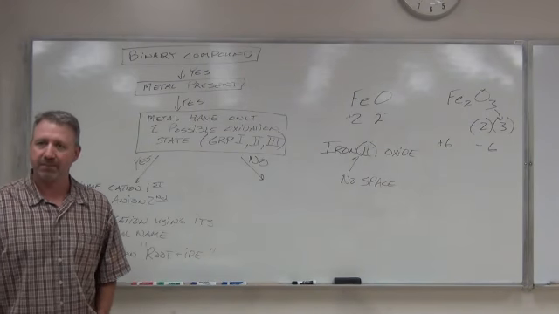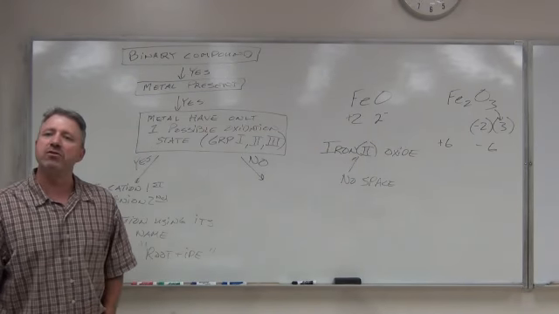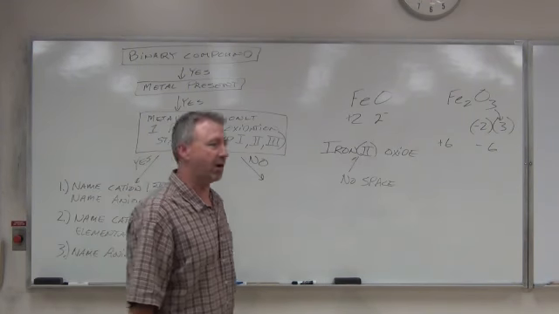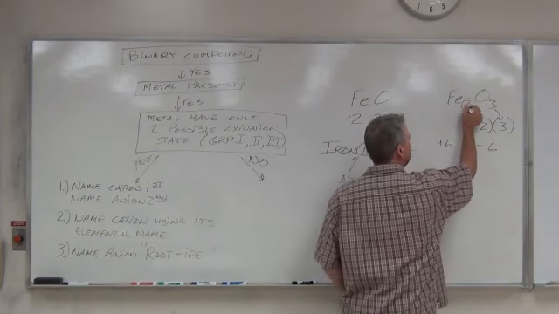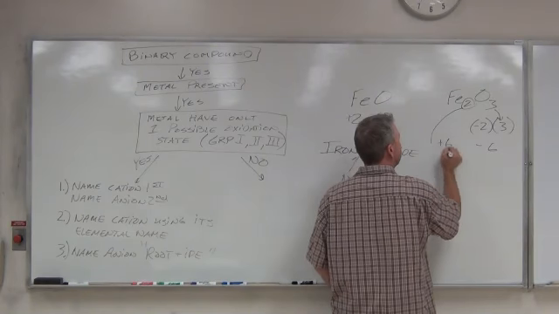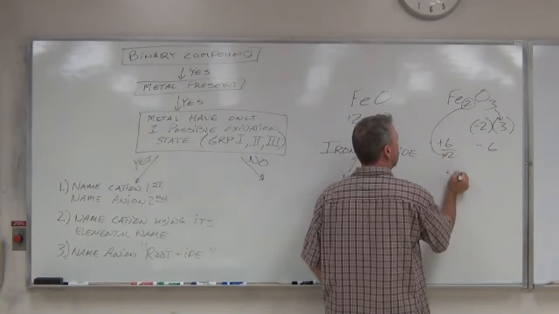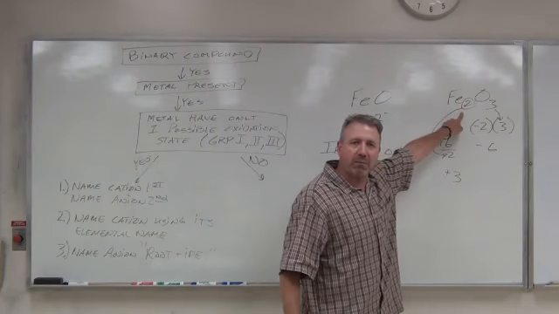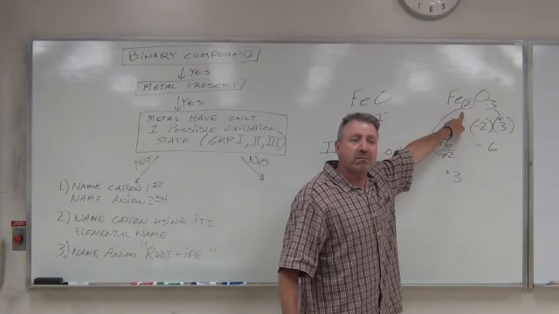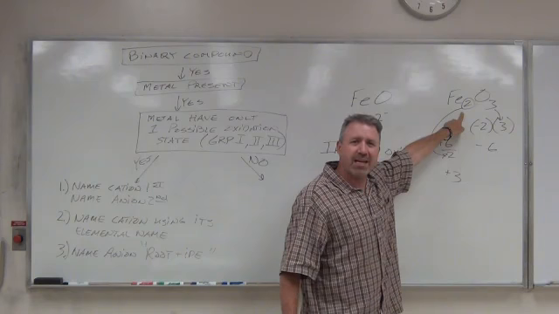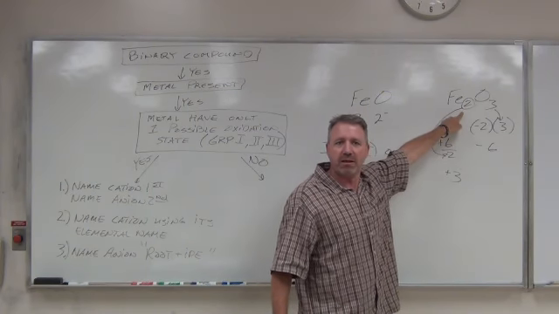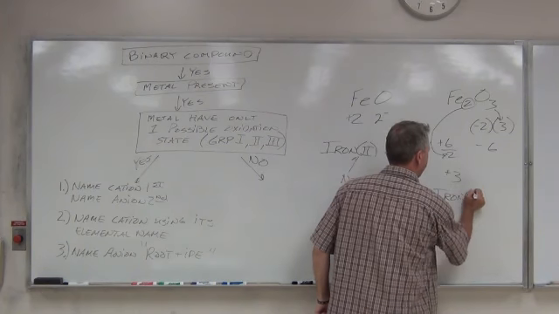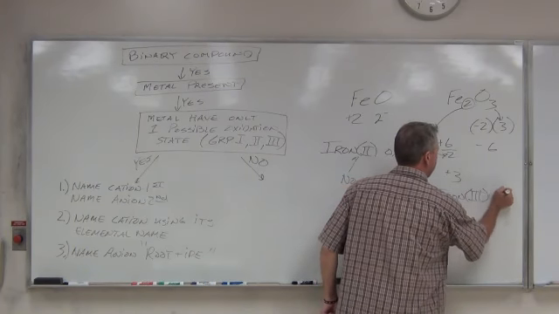How many irons do I have to generate that total positive 6 charge? I have 2 irons to come up with that positive 6 charge, which means each iron must be plus 3. This is iron(III) oxide.